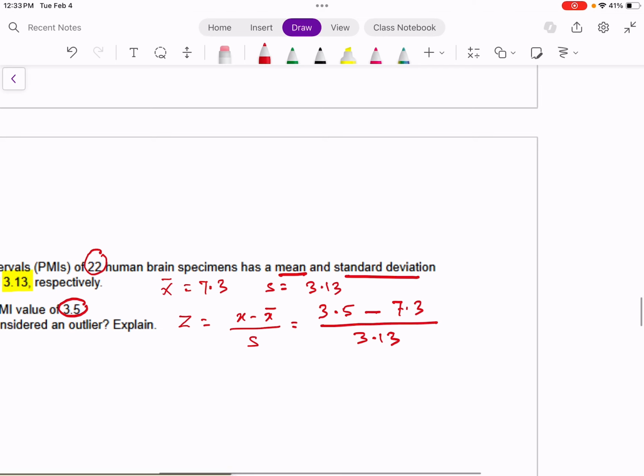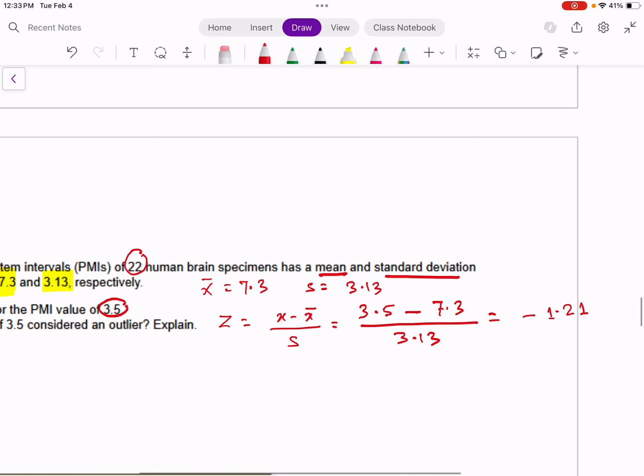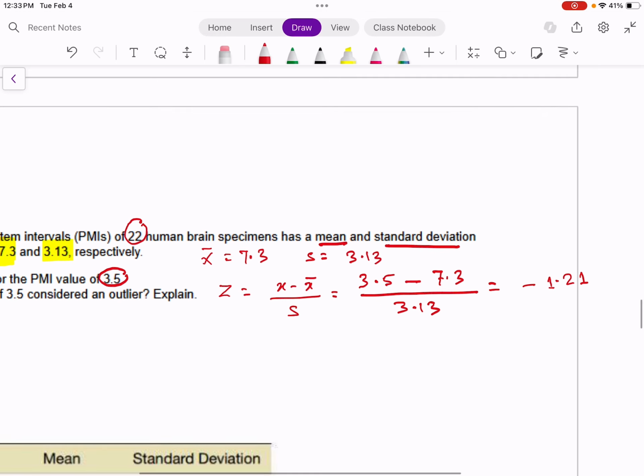Now I want you to help me here. So 3.5 minus 7.3 divided by 3.13 is negative 1.21. So we have negative 1.21 as the z-score for this measurement 3.5.